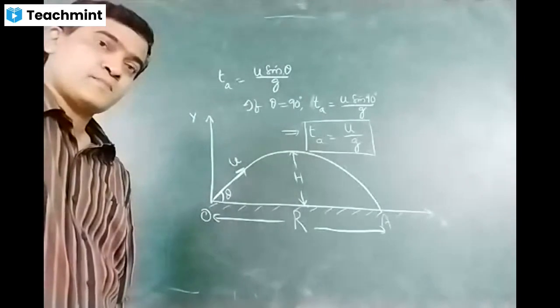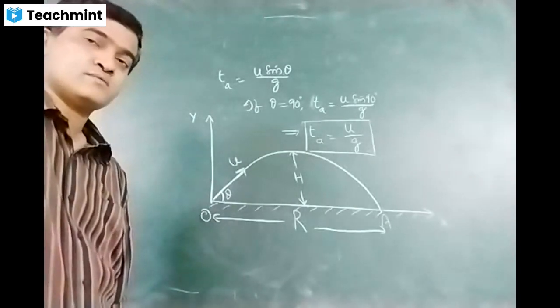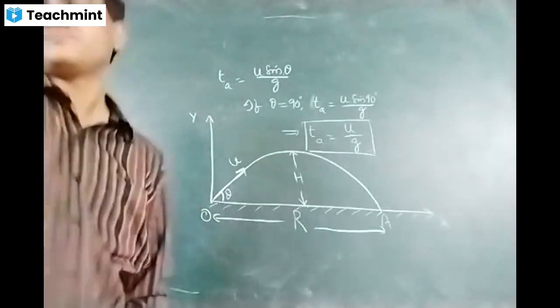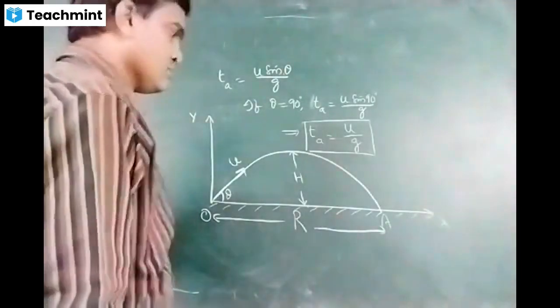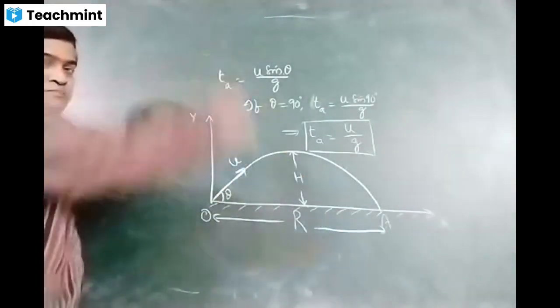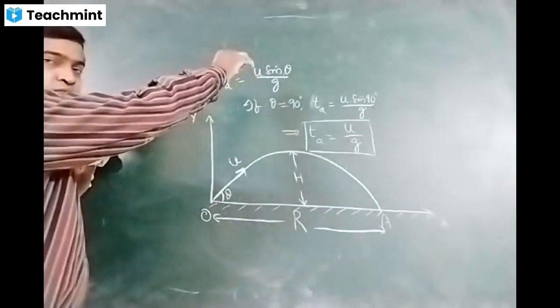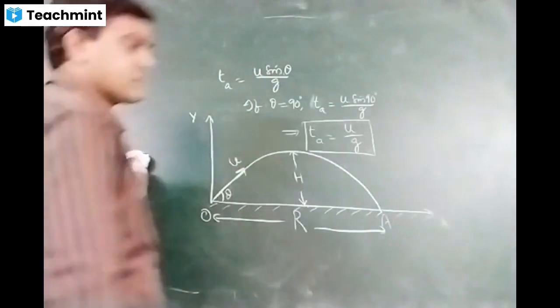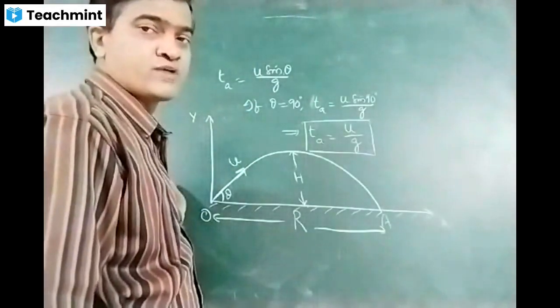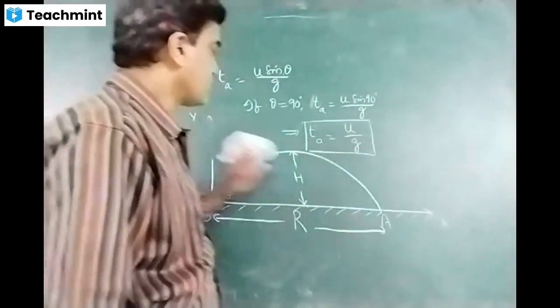Time of descent. Let me write: time of descent is the time taken by a particle to reach the ground from maximum height. You should get the same answer, because time of ascent is equal to time of descent. Is it not?